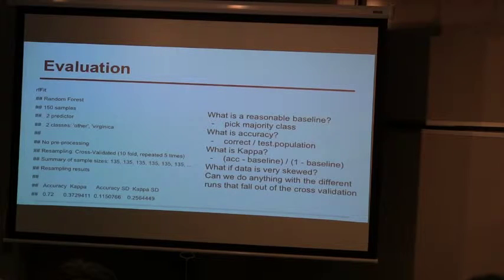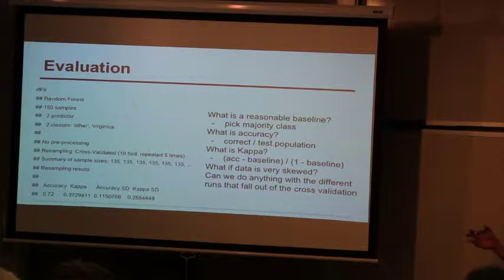So if I get 2 out of 10, I got 20%. If I got 8, I got 80%. So what's a baseline? A reasonable baseline is just to pick the majority class. So here it would be, since it's 1/3, 2/3, you're going to get 66% correct if you just always pick not Virginica. So that's a common baseline.